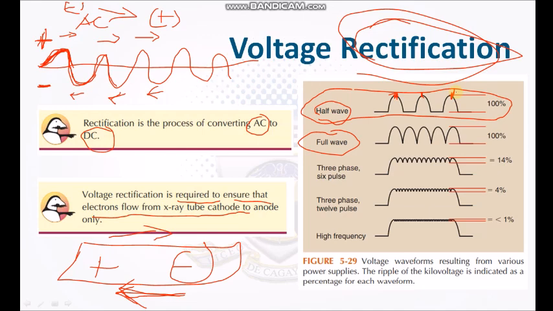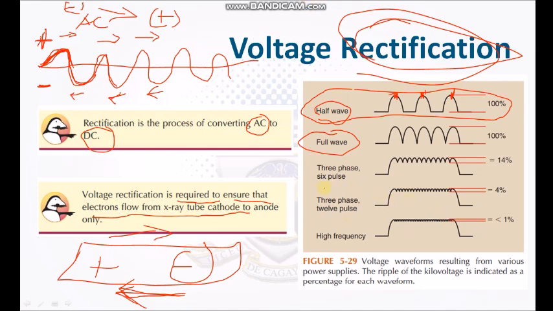That means very little X-rays are being produced at a certain amount of time. You need a lot of power and voltage in your X-ray machine, and the number of X-rays being produced is very little. So that's a problem with half-wave rectification.